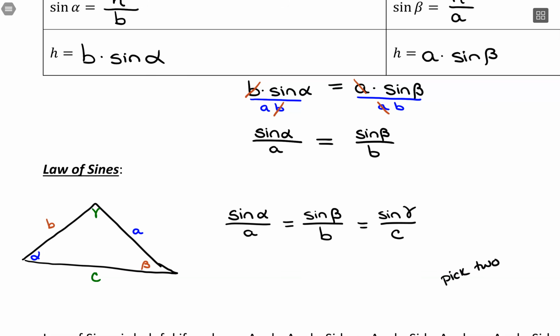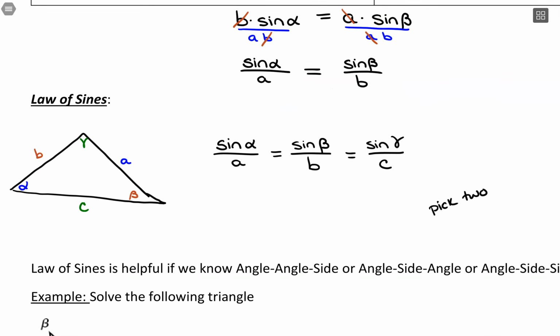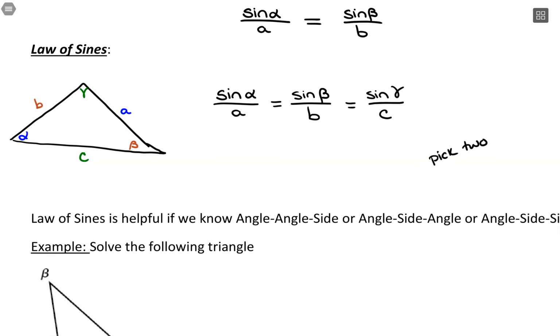So we'll go through a quick example with this as well. Just so you know when to use law of sines, we're going to have this wording for what we know about the triangle. We'll be given these oblique triangles and just given part of the information. So one case would be angle, angle, side.